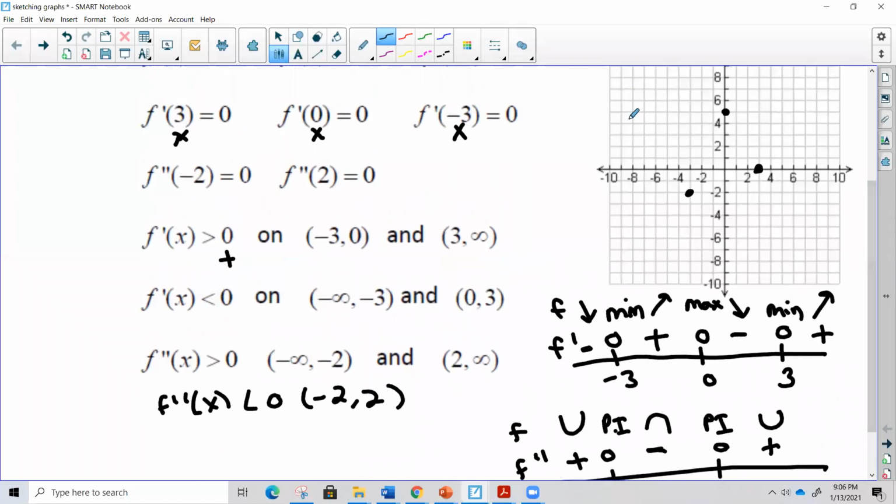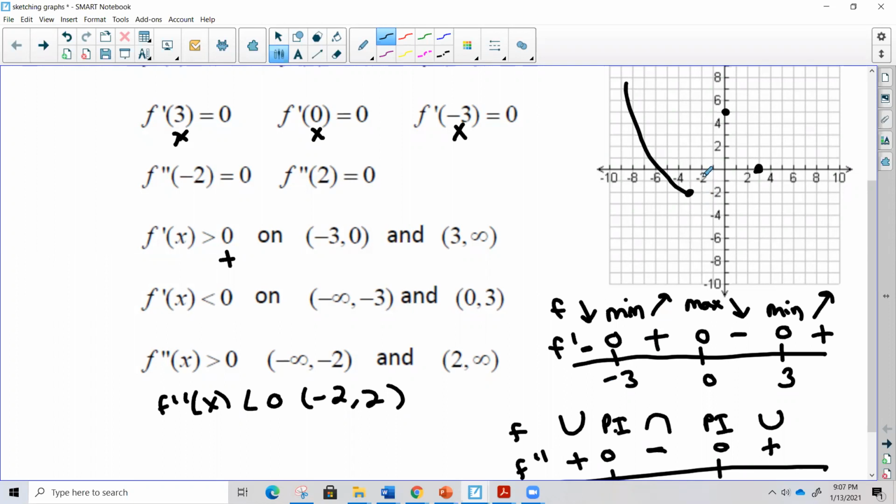So it doesn't really matter. They don't give me any other points except these. So it doesn't really matter where you start at your height. You just want to draw it so that it's decreasing until I get to -3 and concave up. So it's curved upwards. And then I want to continue being concave up, but now I want to increase it till I get to 0.